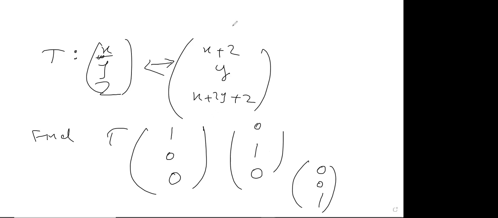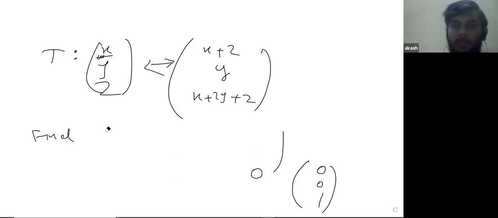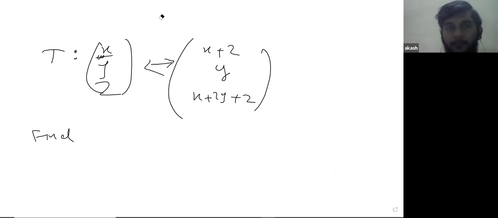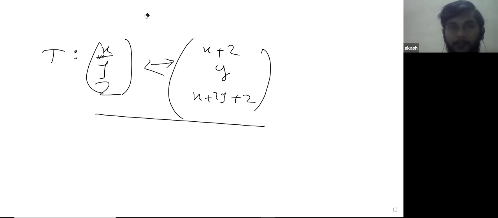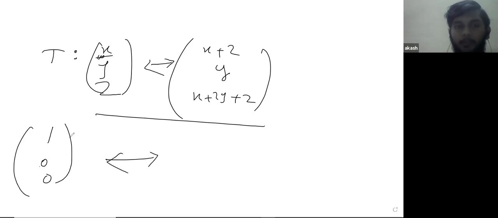So now let me write this. If we have to find the transformation of this point according to this equation, this condition, then it's very easy. If you have to find the transformation of the I vector, see, the value of x here is 1, y is 0, z is 0 in this particular case.